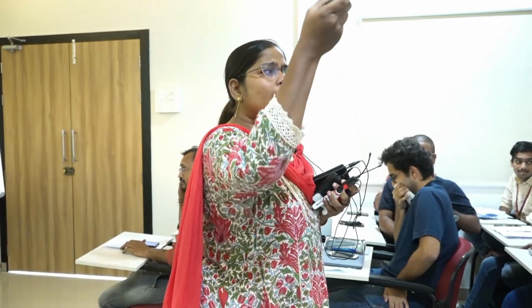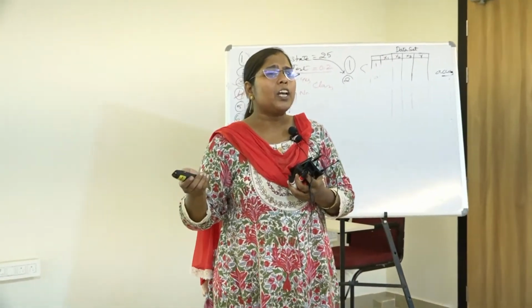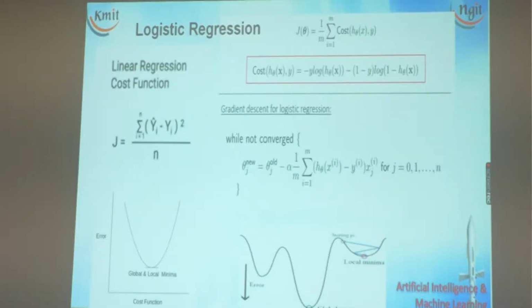When we have high bias, variance is low. When variance is high, bias is low. Please remember that for a good model, we maintain low variance and low bias.